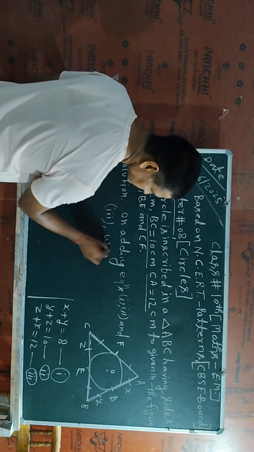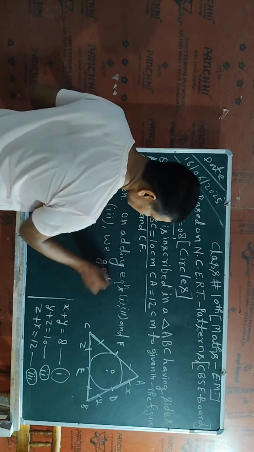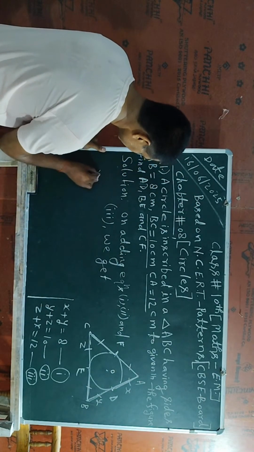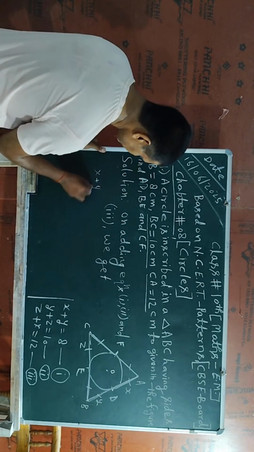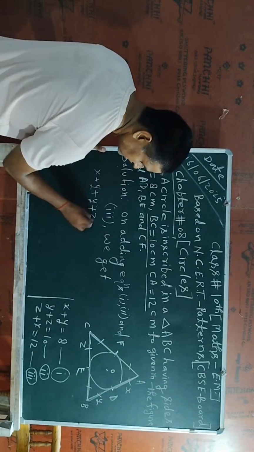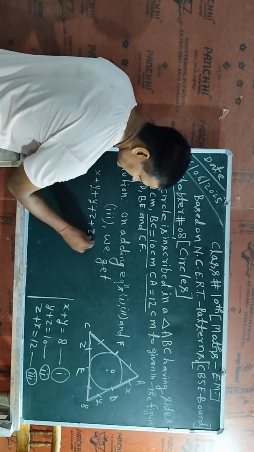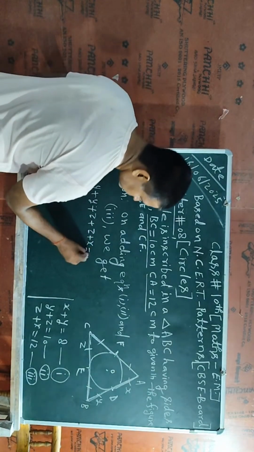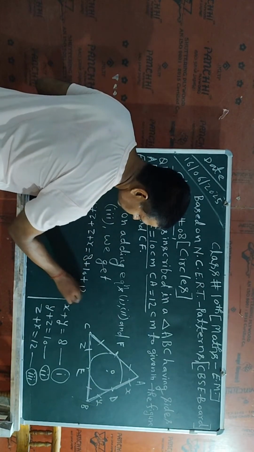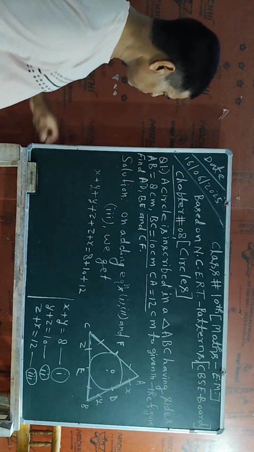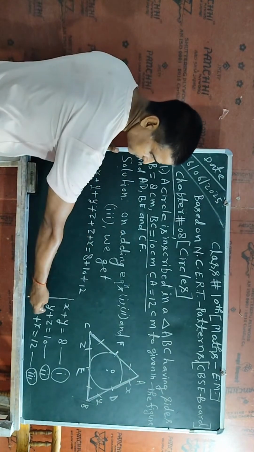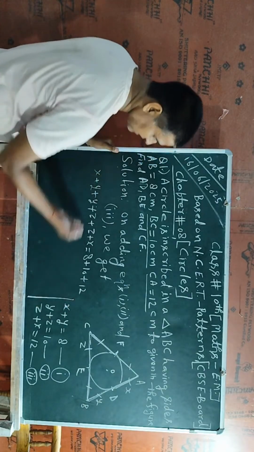So this information I will write here, and after writing I will put here like this: x plus y on the left hand side, y plus z plus z plus x, which is equal to 8 plus 10 plus 12. This information I will use from equations 1, 2, and 3.